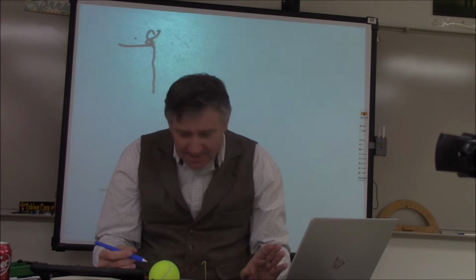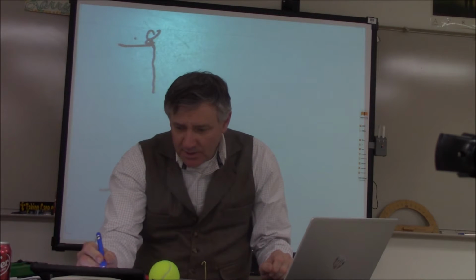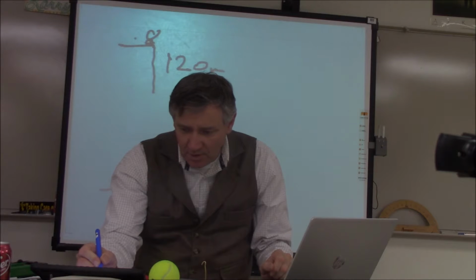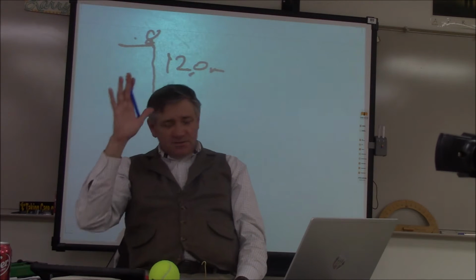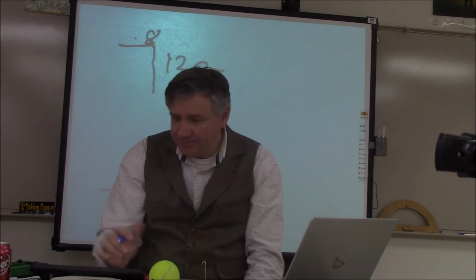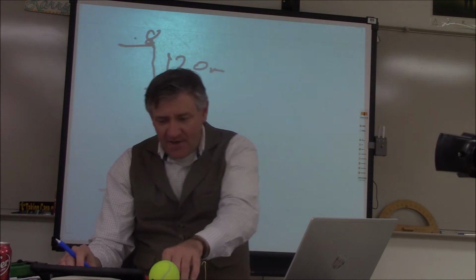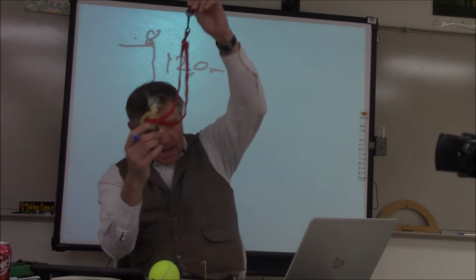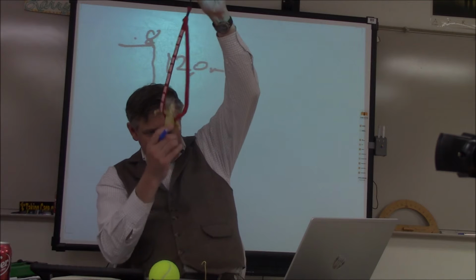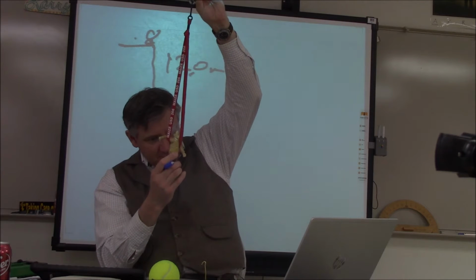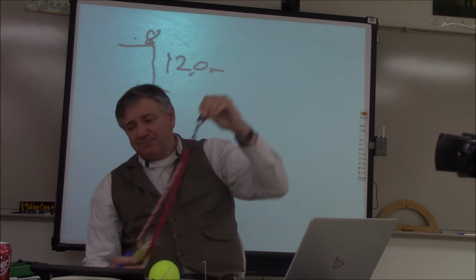On 8, you're told that you're going to be in free fall for 12 meters. So you're just going to use that equation, and you're going to figure out how fast you're moving at the end of that 12 meters. At this point, the bungee cord is going to begin to stretch.